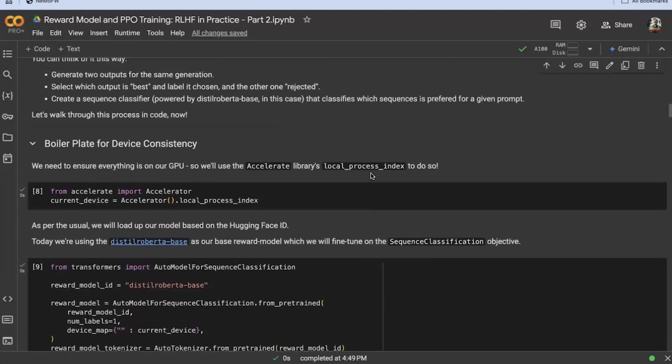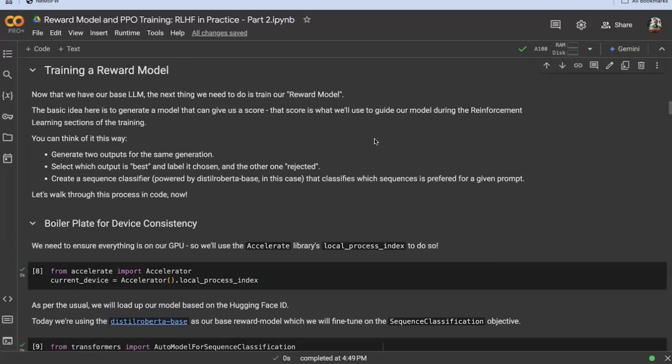Okay, so the way we're going to train our reward model is we're going to use a data set that has been created in a very specific way: we give the model a prompt, and then we have it produce two outputs. And then we have human labelers decide which output they preferred of the pair. So one will become the chosen, the selected part of the pair, and one will become the rejected part of the pair.